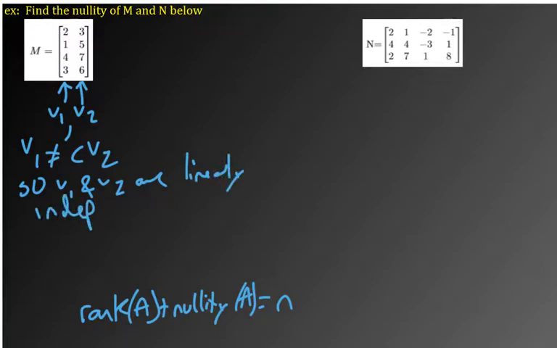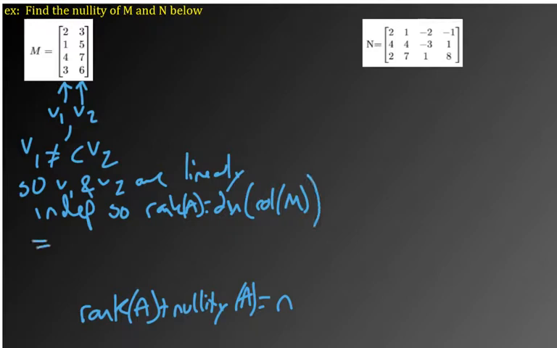So the rank, which can be understood as the dimension of the column space of M, would have to be 2. It's full rank, so the nullity of M would have to be 0.